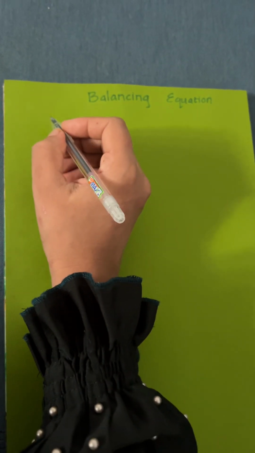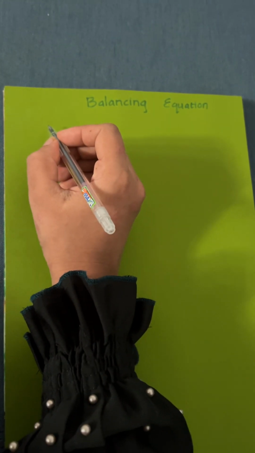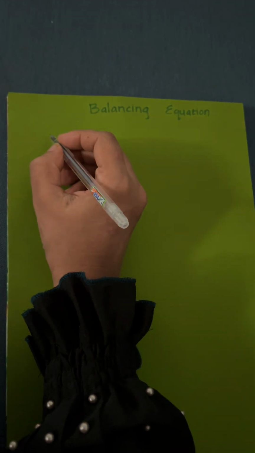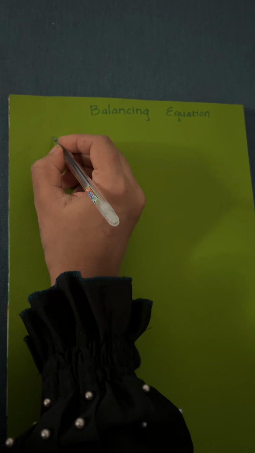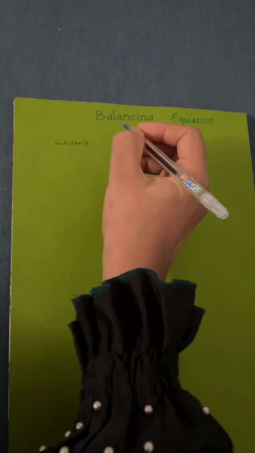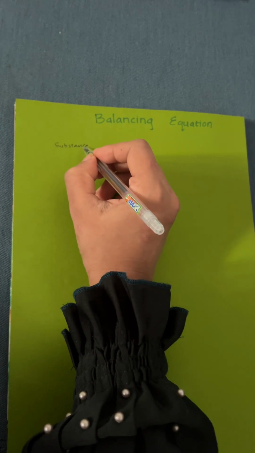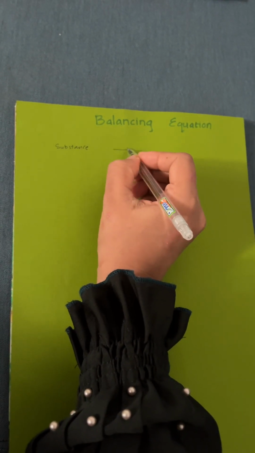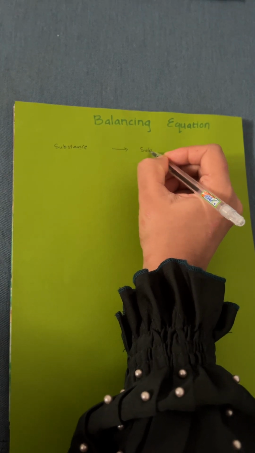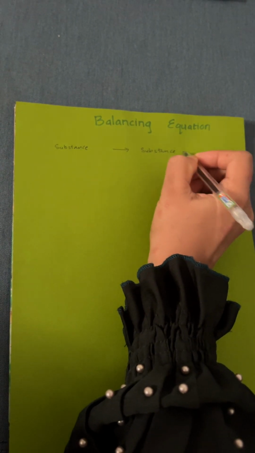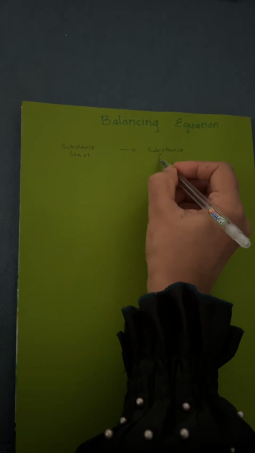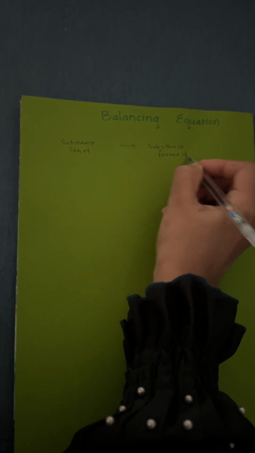So in a chemical equation, we write some substances that are found at the beginning and they're changed into some substances that are formed at the end, right? So we have some special words for this.